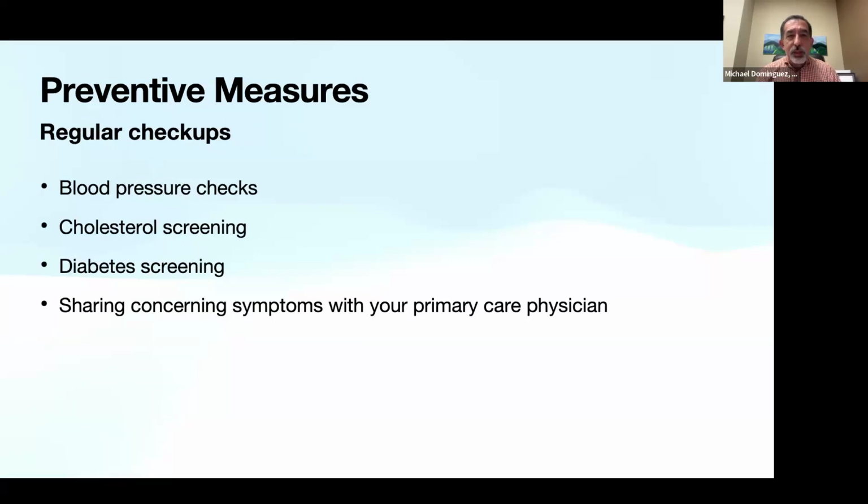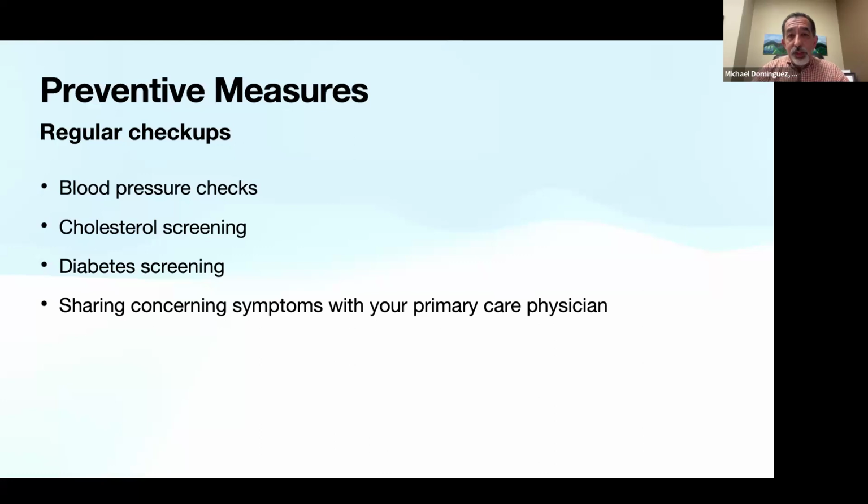So regular checkups are critically important to help maintain our heart health. Knowing what your blood pressure is, checking it from time to time at home, certainly seeing your primary care physician to keep it controlled with medication, if that's what you and your physician choose to do. Cholesterol screening.